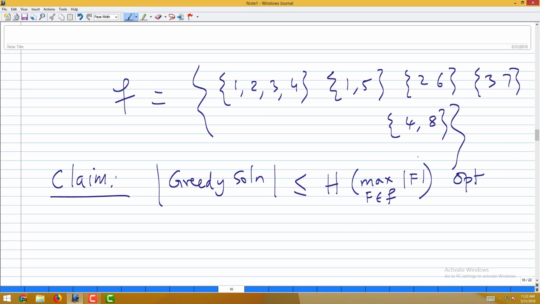What is this H function? H of n is the harmonic function. So, H stands for harmonic, and this is nothing but 1 plus half plus 1/3 and so on.